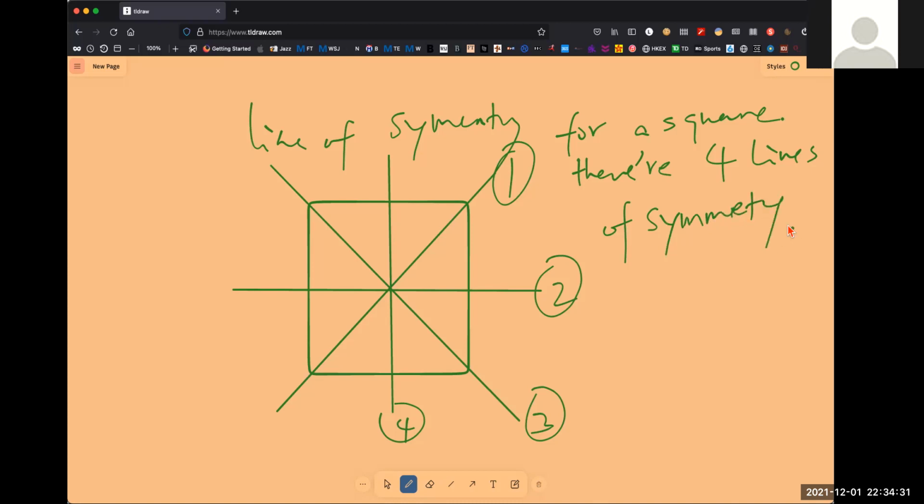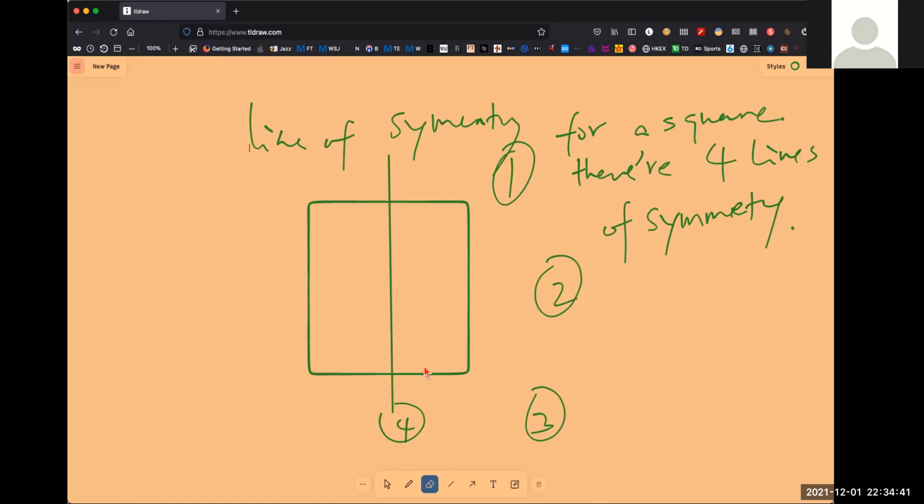Okay, the line of symmetry, right? If you can look at one of them, basically, what's the meaning of line of symmetry? Is to cut the things into half.